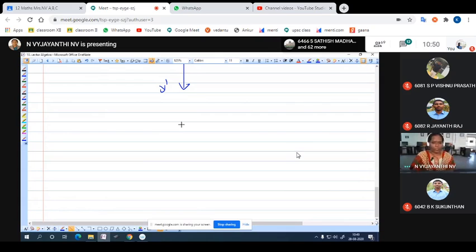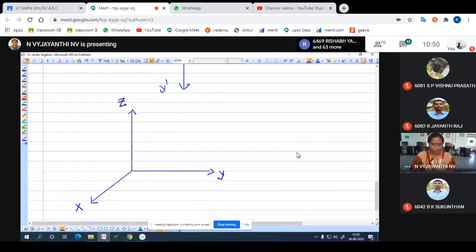This is x-axis, y-axis, z-axis. You know about left hand rule and right hand rule, isn't it? You have studied it in physics, no?